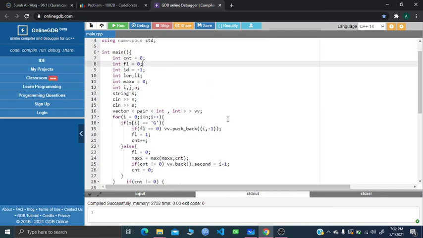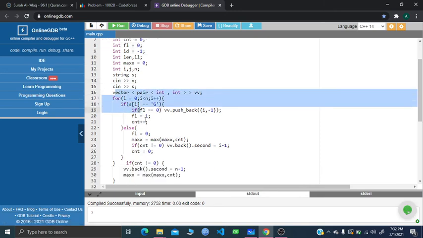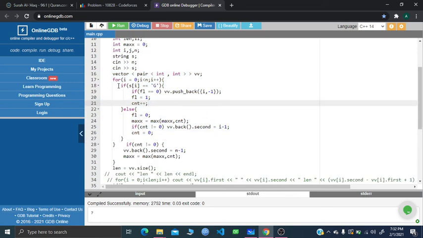So here what we did was we took a vector of pair, and we were traversing our string. If we somehow found the golden part, then this part is actually taking care of the index.